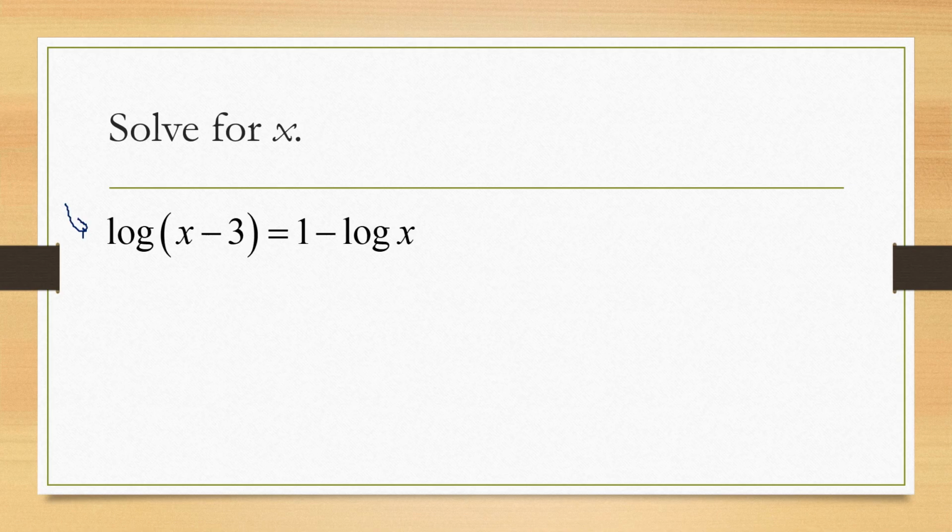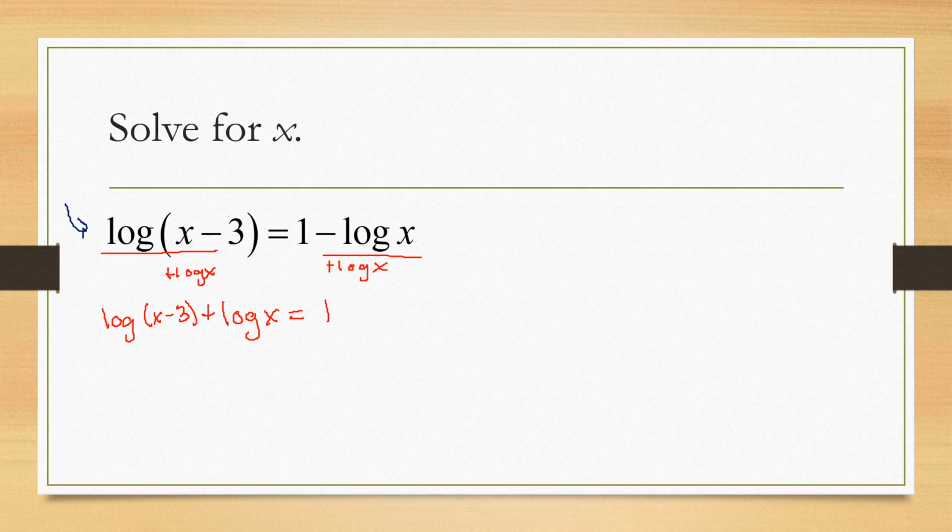So we've got log of x minus 3 equals 1 minus log x. We have two terms that have logs in them, so I want to get them on one side. I'm going to do that by adding log x to both sides of the equation. So I'll have log of x minus 3 plus log x is equal to 1.